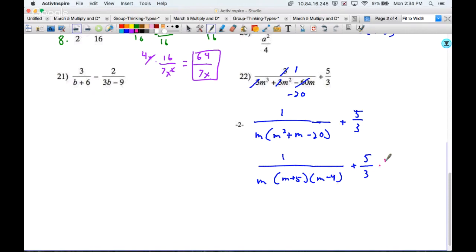I've got to multiply this by m plus 5, m minus 4, all divided by m plus 5, m minus 4. And I have to multiply this side by 3 over 3.